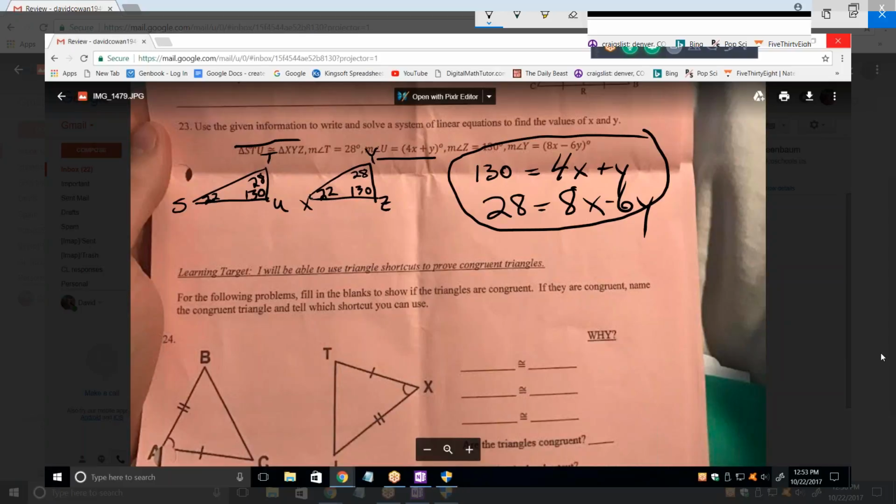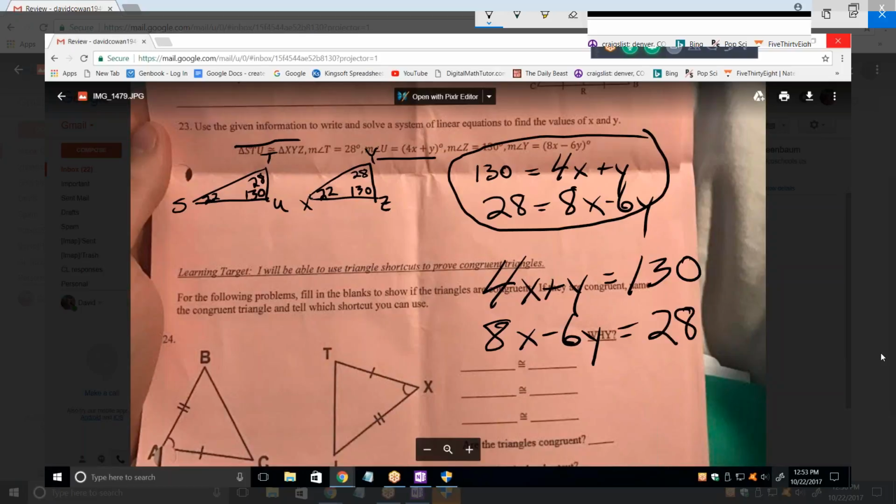Elimination always works best when they're in this kind of a standard format. Now, they're not an exact standard format. Let me write them in an exact standard format, where you have the x and the y on the left side and you have the numbers on the right. I wrote it the other way, not thinking, but I could have written it this way just as easily.